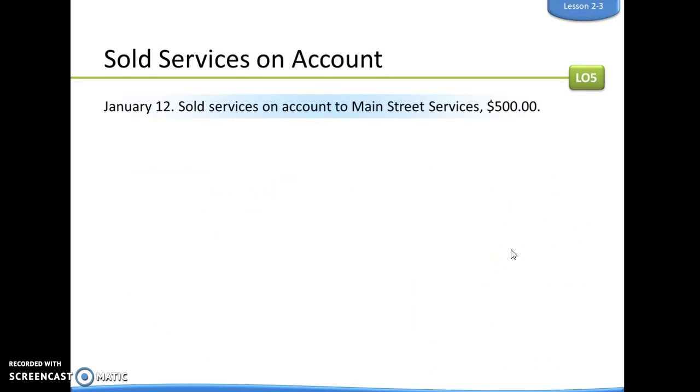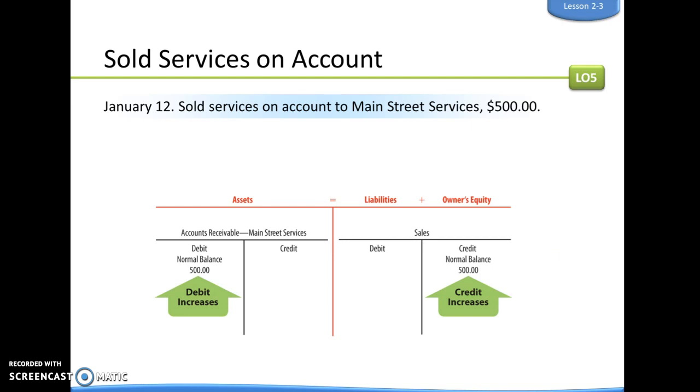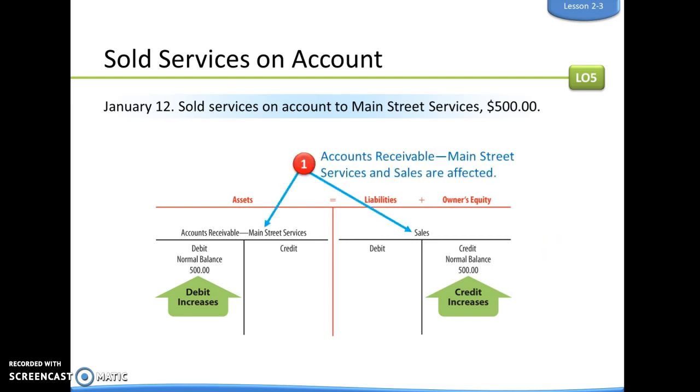Then we have the transaction of sold services on account. January 12th, sold services on account to Main Street Services, $500. What does on account mean? Josh? You get it now but pay later. Okay, you get it now, but you pay for it later. Here, the 2 accounts affected would be accounts receivable, Main Street Services, and sales.